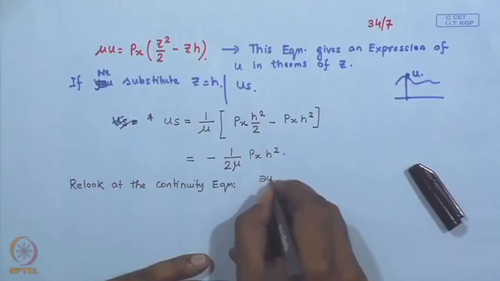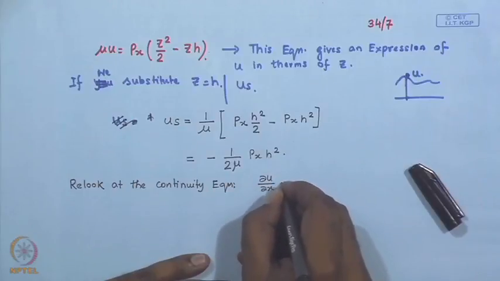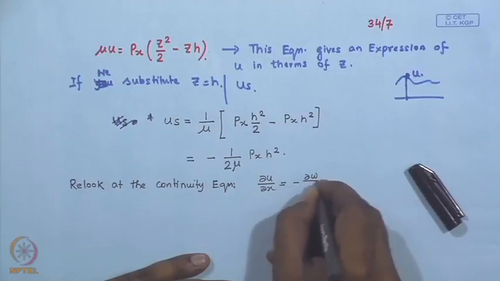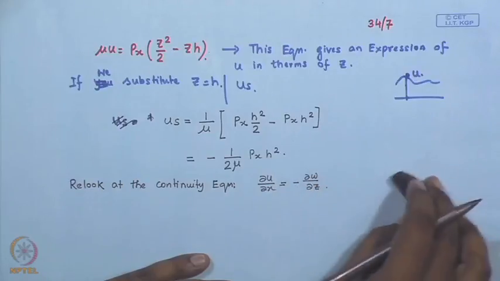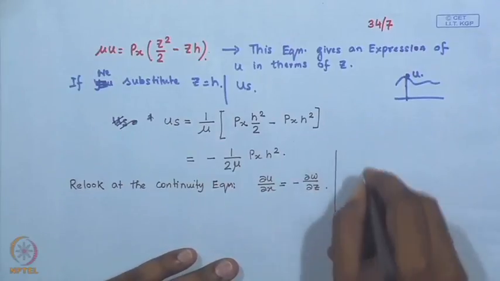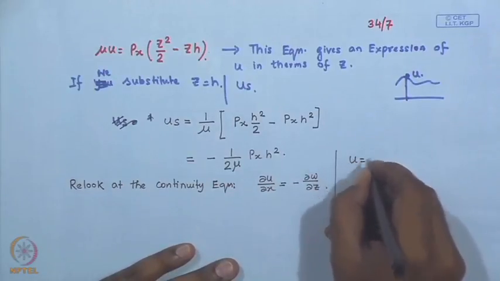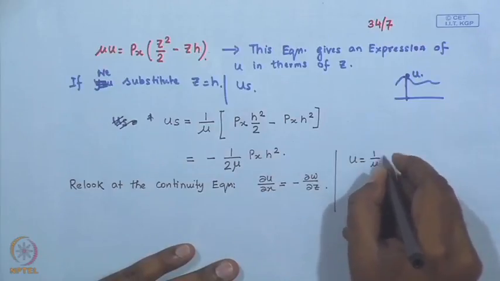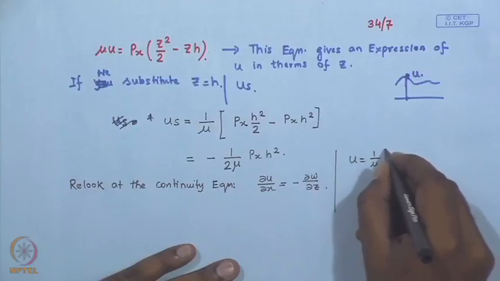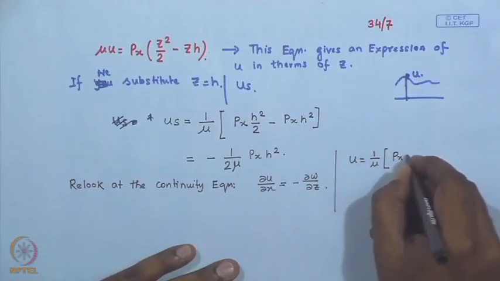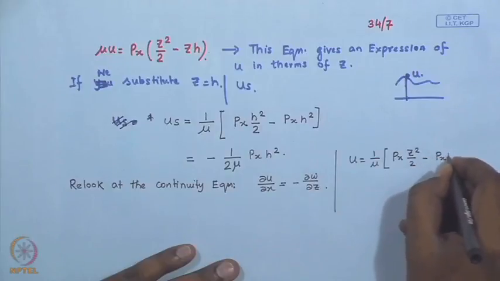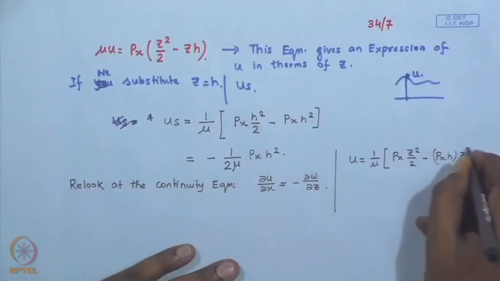Now, we relook at the continuity equation, which gives del u del x is equal to minus del w del z. Now, we have an expression of u is equal to 1 by mu into p x z square by 2 minus p x h into z.